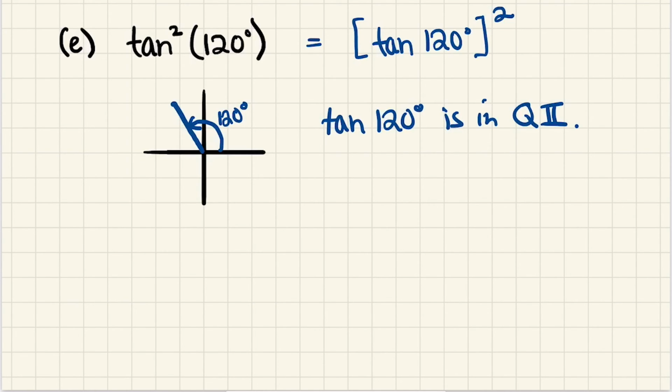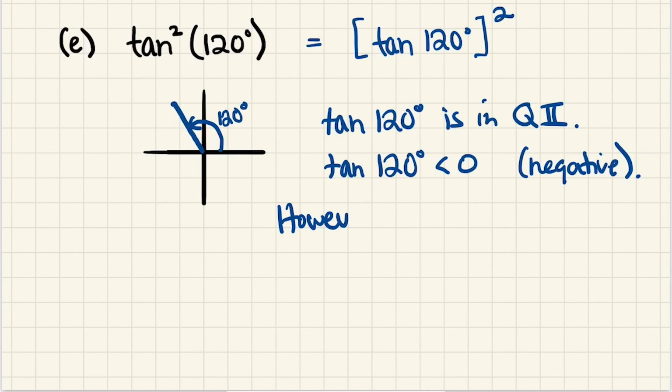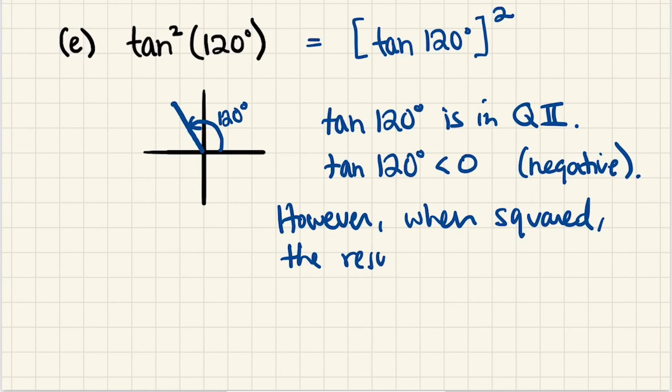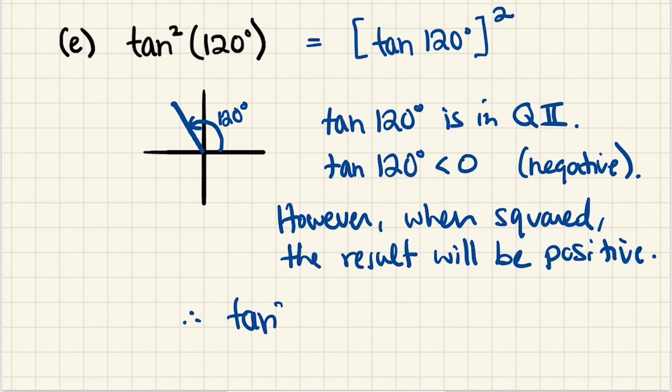So that would mean that sine and its reciprocal cosecant are the only positive functions. So tangent of 120 degrees is negative. However, when squared, the result will be positive. So we can conclude that tangent squared of 120 degrees is positive.